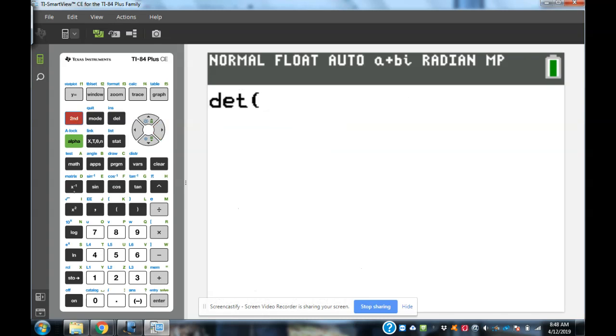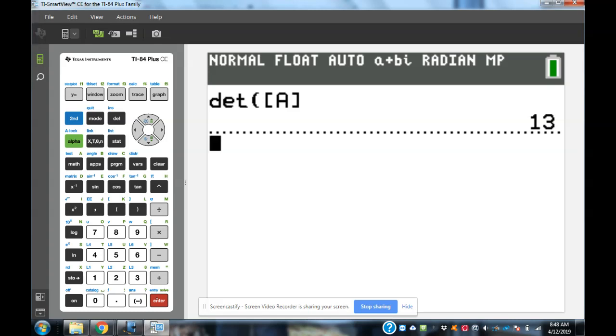Then you've got to tell it which one to do that to. Matrix A is where I put mine. All of that typing to get the same answer we got in less than 10 seconds. So 2 by 2s, I generally do by hand. I'm not requiring you to show me doing one by hand, but just understand it's usually quicker.